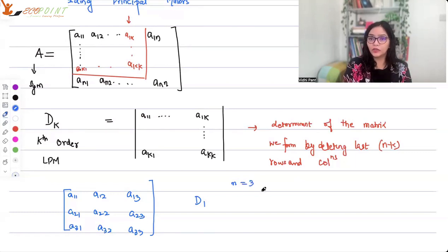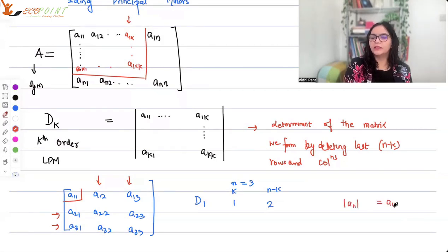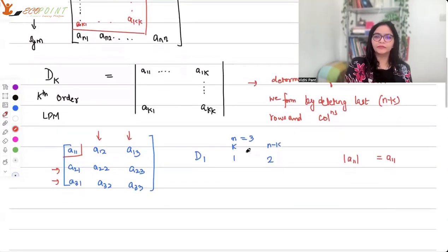D1 is the determinant of the matrix where k is equal to 1. So n minus k is 2. So this means that you will be deleting the last two rows and columns. That means these two columns go away, these two rows go away. So it's the determinant of the matrix that ends at A11, which is basically A11.